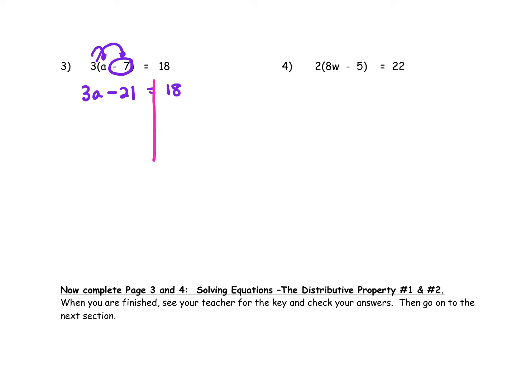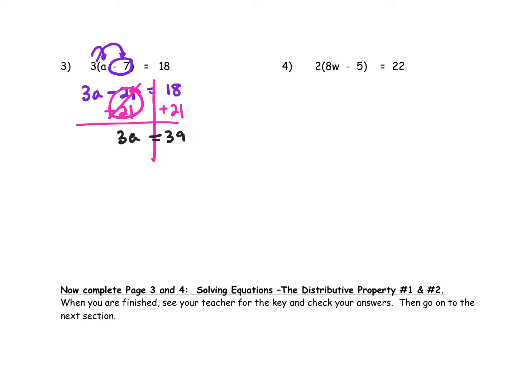Now we're ready to solve. We start with a constant of minus 21 or negative 21, so we're going to undo it by an inverse operation. We're going to add 21 to both sides. That eliminates or zeroes out negative 21, leaving 3a on this side, and on the right side, 18 plus 21 is 39.